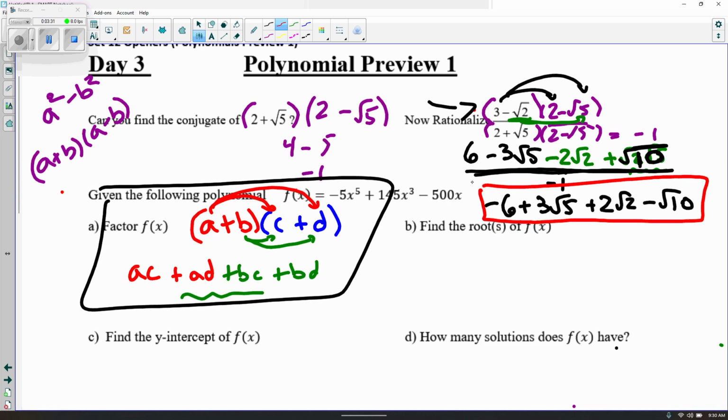Now, the reason why it looks really crazy is because, again, we cannot combine the middle terms. They are different. I can't combine the A and the D and the B and the C because they're not the same, okay? When we are multiplying binomials where we have x plus 5 and x minus 5, then we can combine our middle terms there because we have like terms, all right?